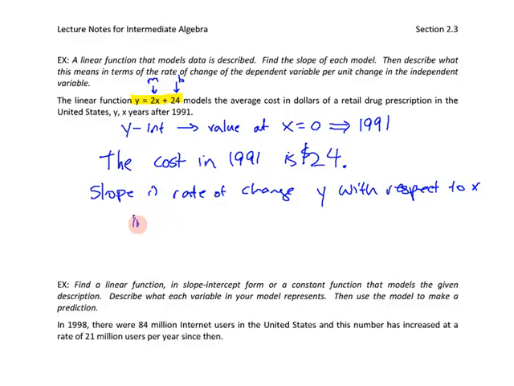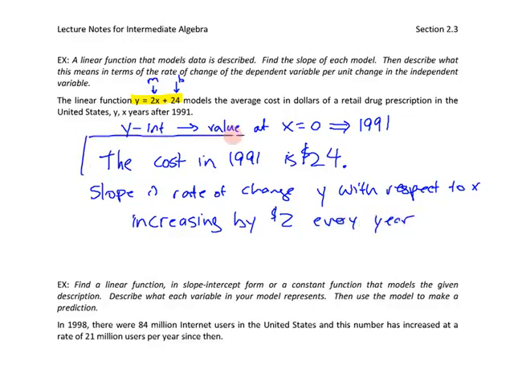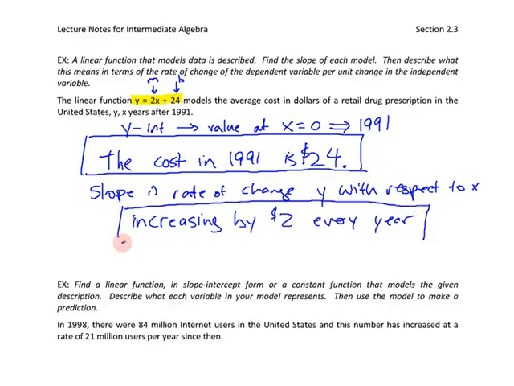It's an increase by $2 every year. So here's the information provided by that equation. The slope is how fast y changes with respect to x, and the y-intercept is the value of y when x is equal to 0.